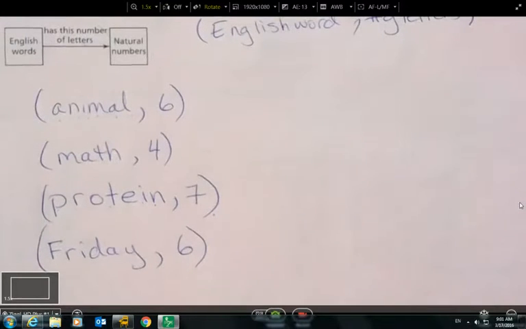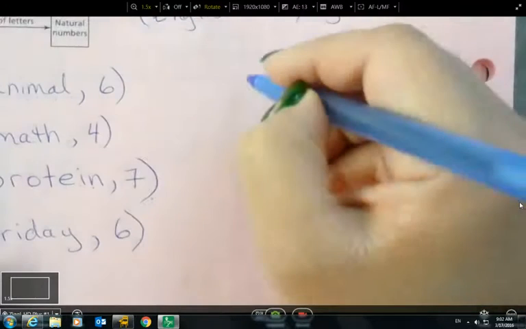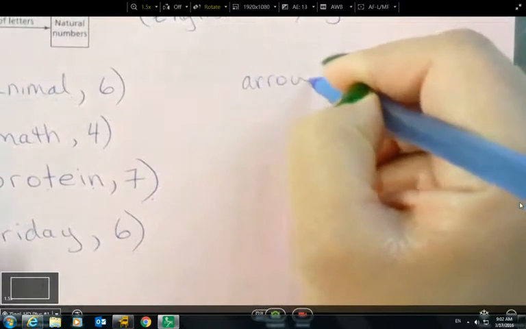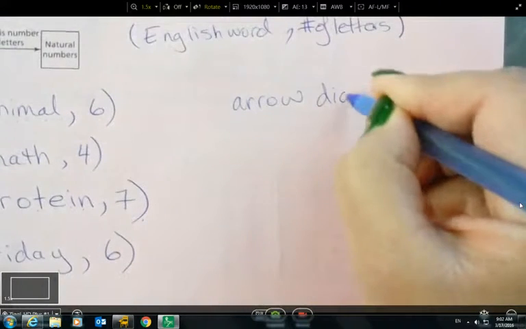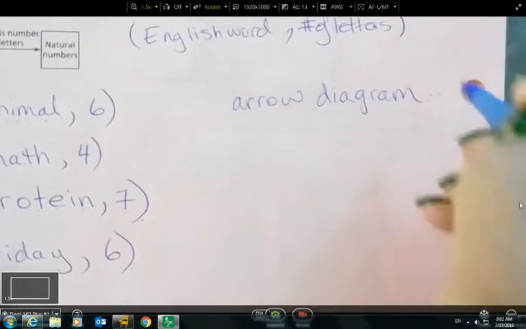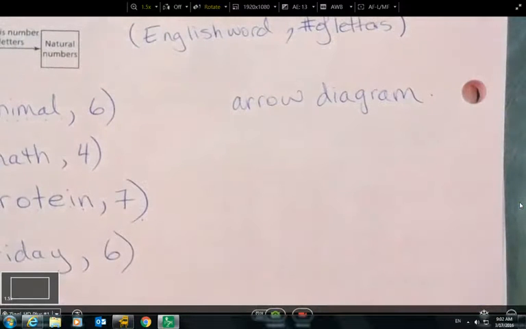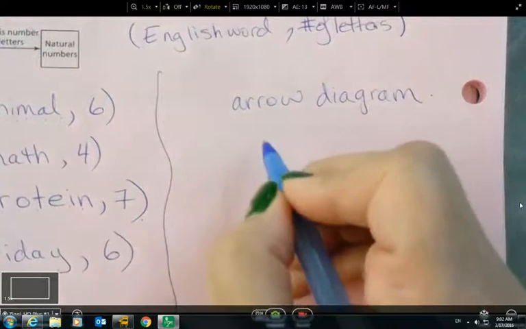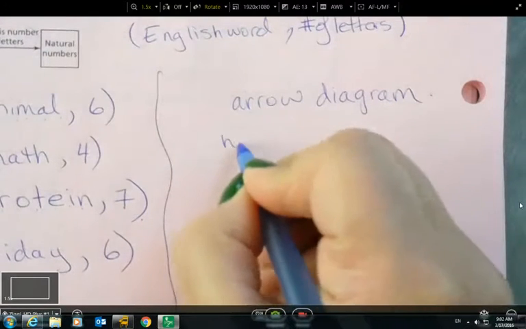Just for giggles, let's make an arrow diagram now out of this. Yeah? Okay. Let's do an arrow diagram. So what is going to be the heading of my arrow diagram? Okay.